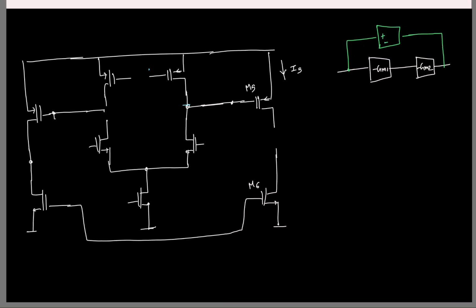How is it decided? Plus. Why? There should be no sign change. We need to have an LHP 0, and that is possible only if the signs here are the same. In the two-stage path we have a non-inverting case, so here also I should have plus GM3, right?